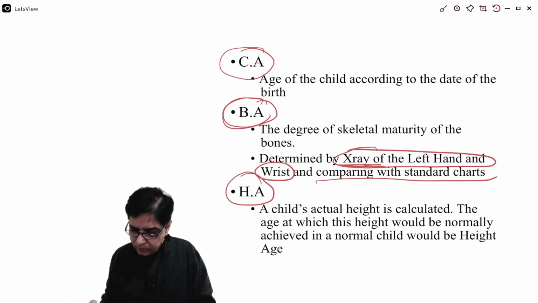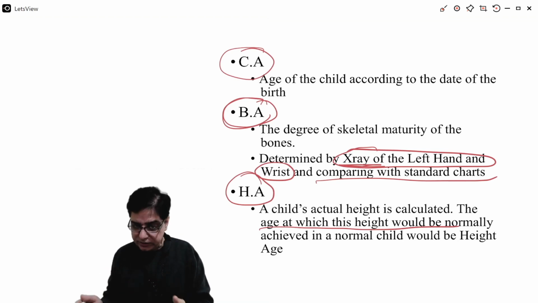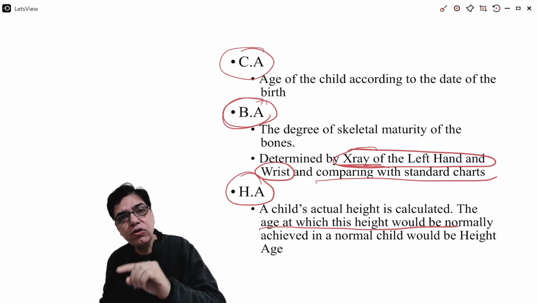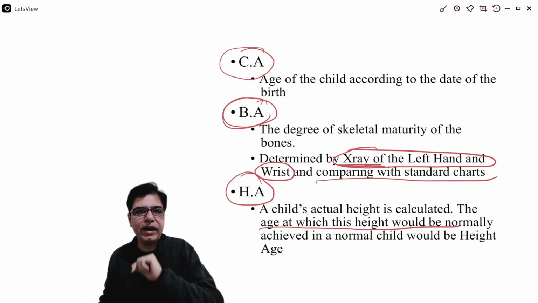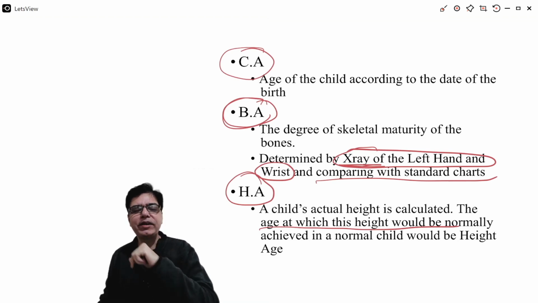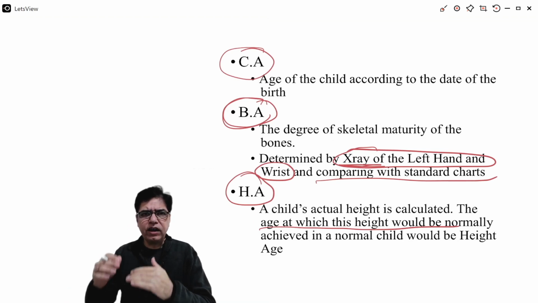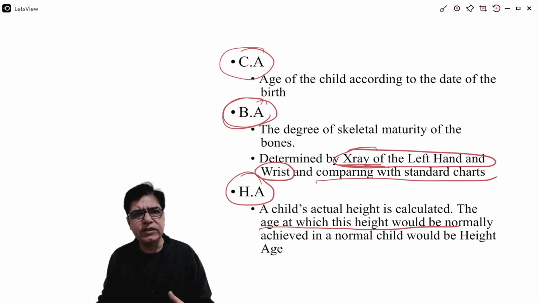Now, the age at which this height that you have determined would normally be achieved in a normal child, that would be the height age. Are you confused? Okay, let me clarify this. Let's say a child who is 7 years of age, and you measure his height on a stadiometer, and that height comes to be around, let's say, 100 centimeters.